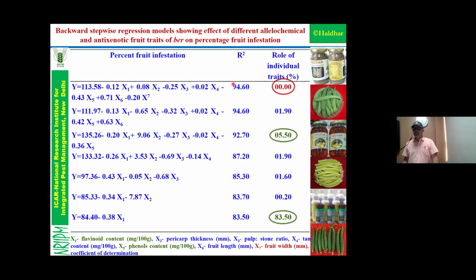On the basis of backward stepwise regression, we found which molecule or which antibiosis character plays more role in the resistance. Flavonoid content has the maximum role, around 83%, on the basis of this backward stepwise regression. Maybe some others are also there, but on the basis of this analysis we found this. We also found that phenolic content, around 5.5%, has a major role in controlling this fruit fly.